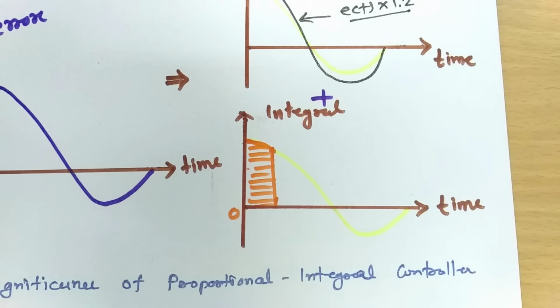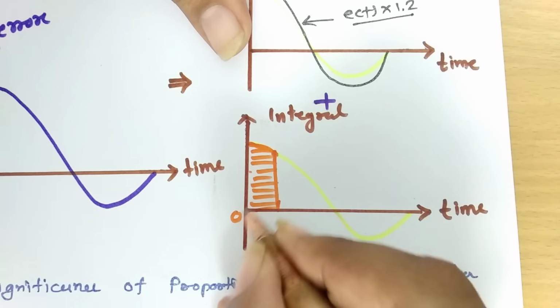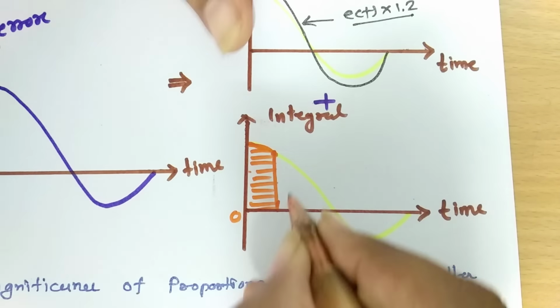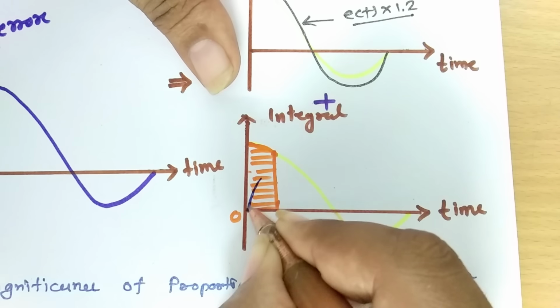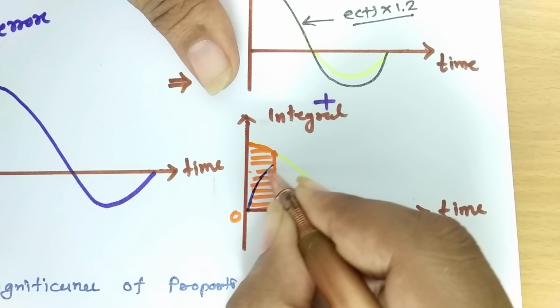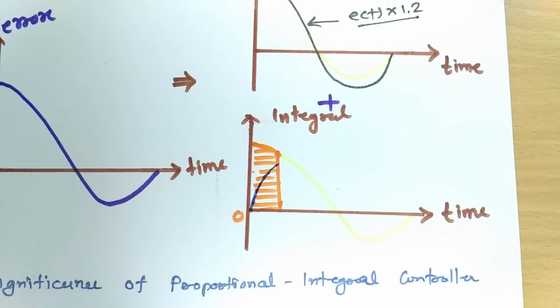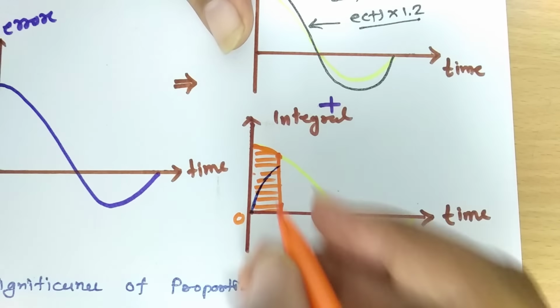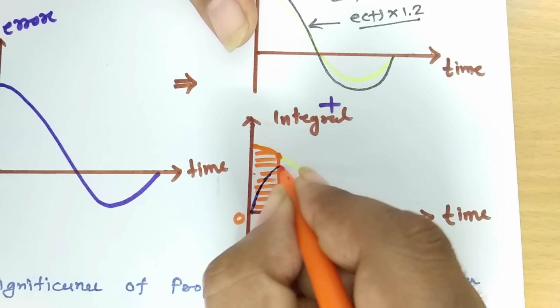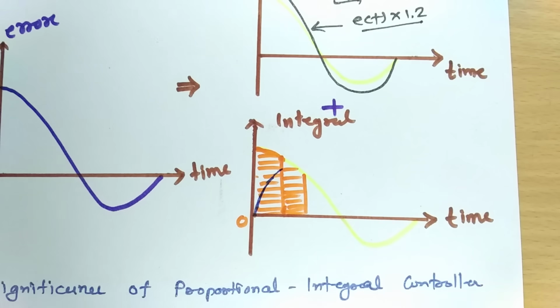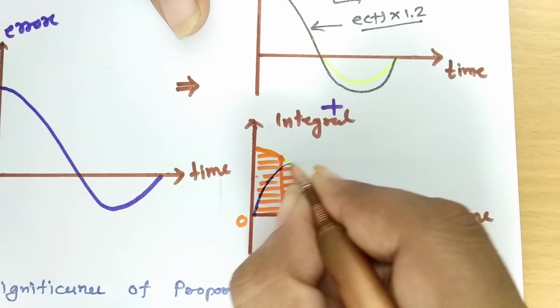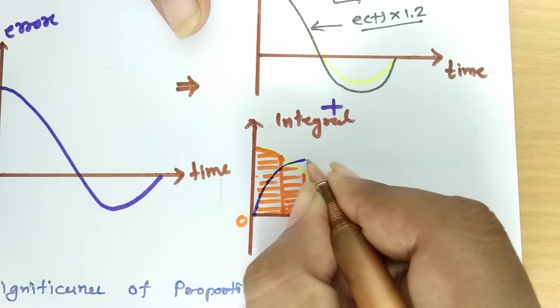So during that time this area is positive, so integral controller's output, that will increase like this. The reason is area is positive. Now for further, as time increases, now area swept, that is even positively increasing, but speed is now decreasing. So now one can see this is how it is increasing.